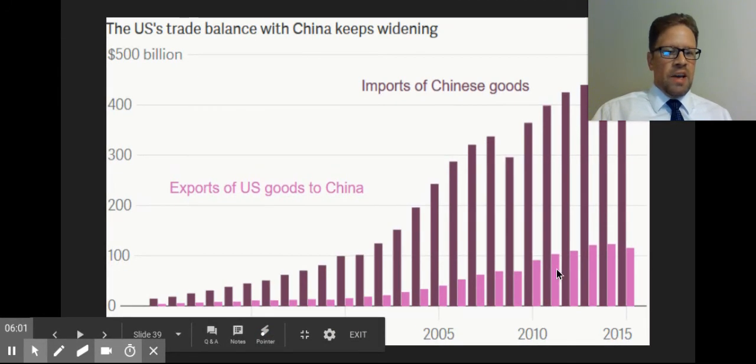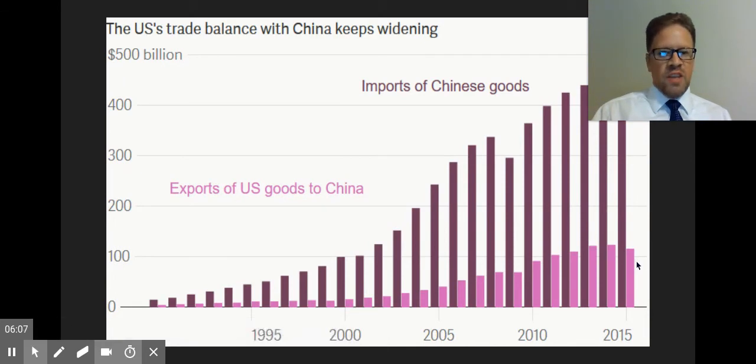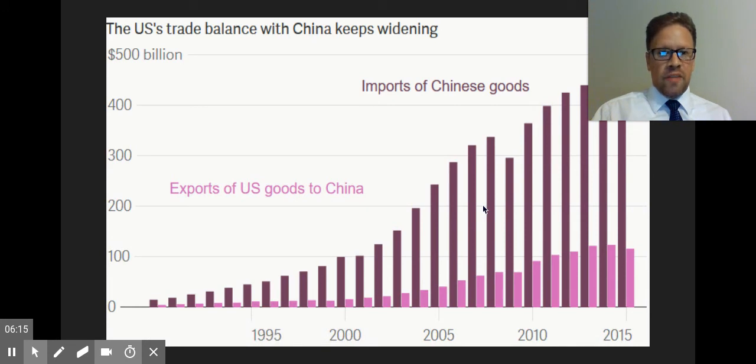They do not buy as much of our American stuff. But that doesn't tell the whole story because we actually invest a lot more money into their businesses. A lot of the factories making cheap plastic junk are actually owned by a lot of Americans because we are investing a lot more money there than they are investing.